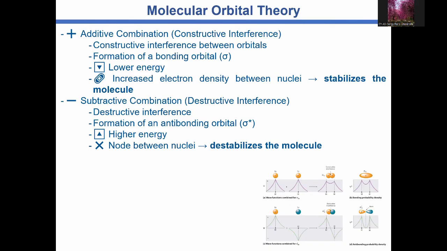So we have these orbitals. Here are the atomic orbitals, and here are the molecular orbitals, which come from the isolated atomic orbitals.